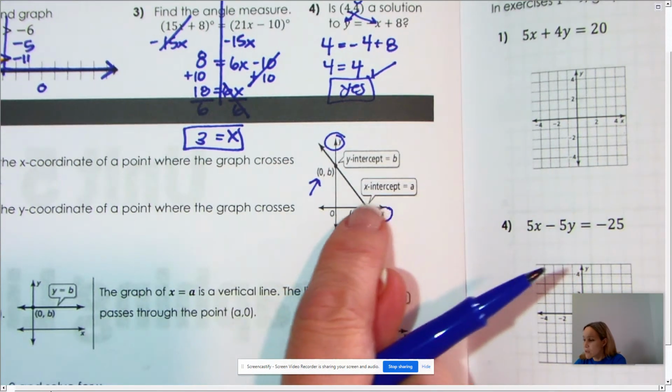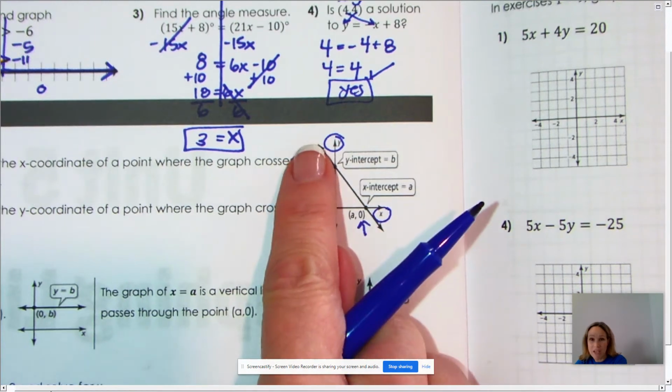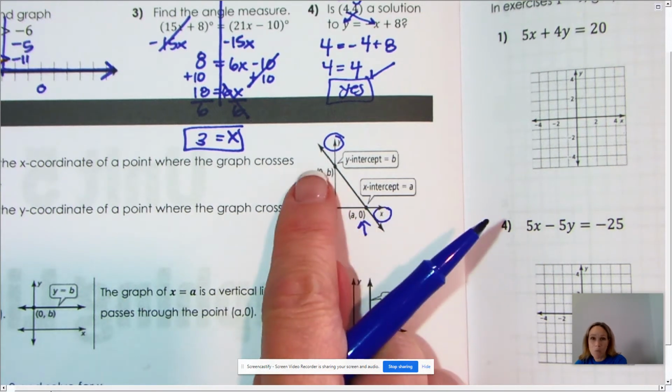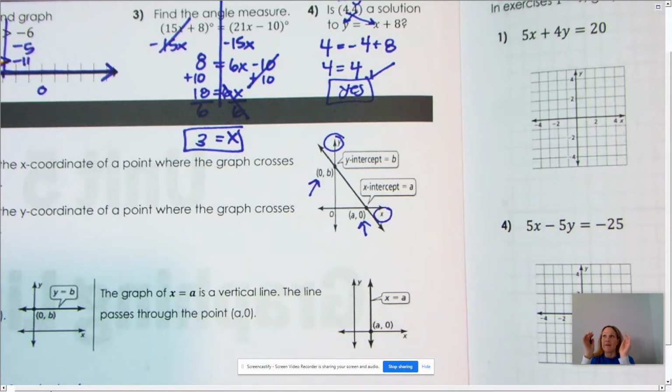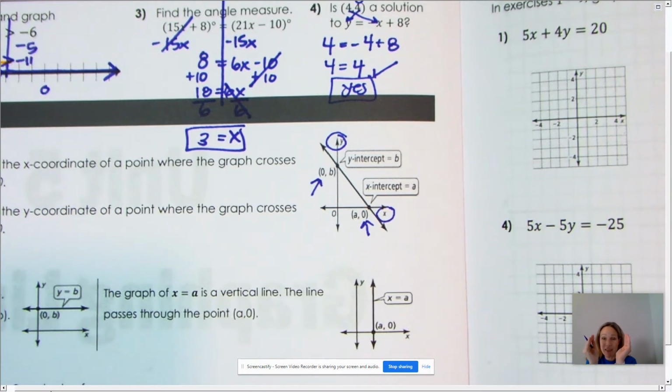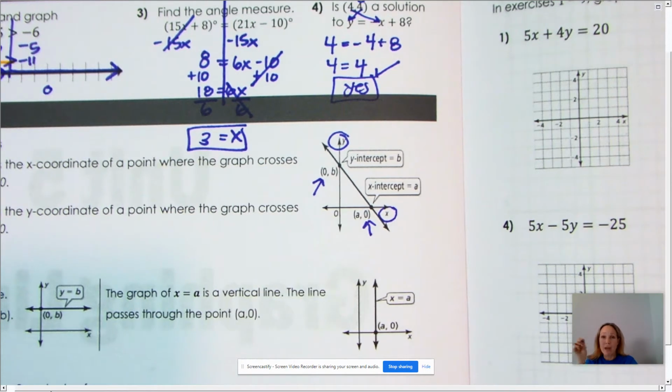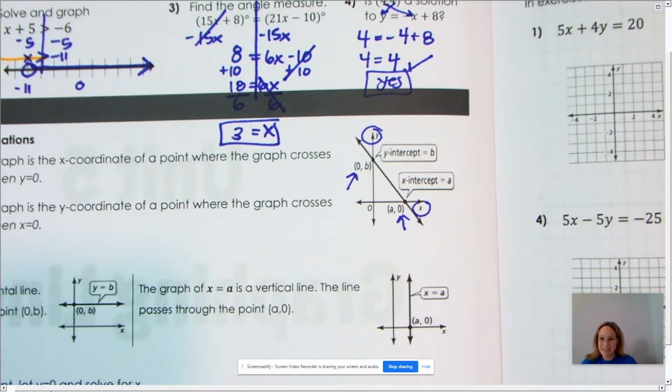Please do not get those confused with the x-intercept and the y-intercept. Sometimes we might say y equals 3 is the y-intercept, but really that's the value of y, but the intercept is given by a point. Instead of saying y equals 3, you can say y-intercept equals 3 or something like that. So this will make more sense once we start doing some problems.